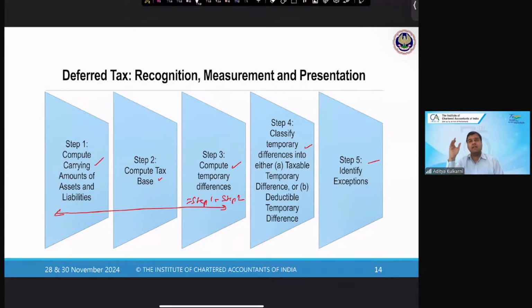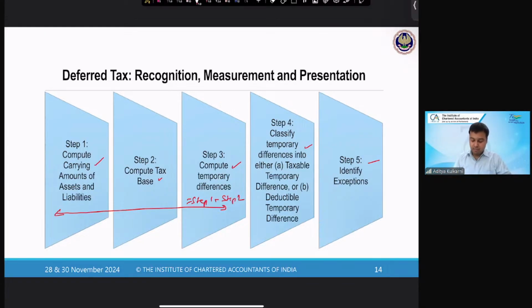In our case, started off with 8 lakh, then end of year 1, 6 lakh 40. Then 6 lakh 40 became 4 lakh 80. 4 lakh 80 became 3 lakh 20, and so on. You remember this? Then we saw the tax base. 8 lakh became 6 lakh, 6 lakh became 4 lakh, 4 lakh became 2 lakhs.